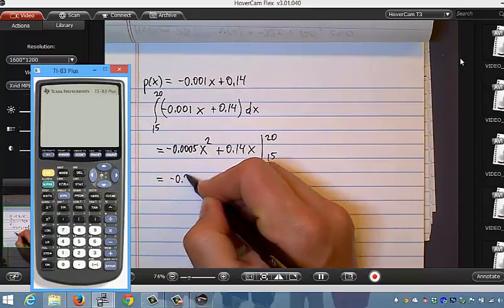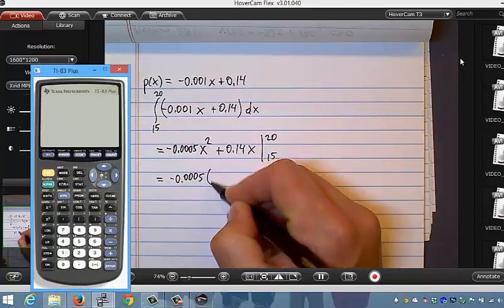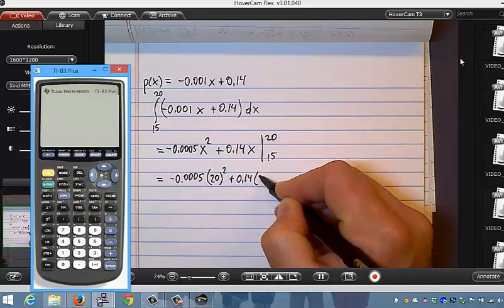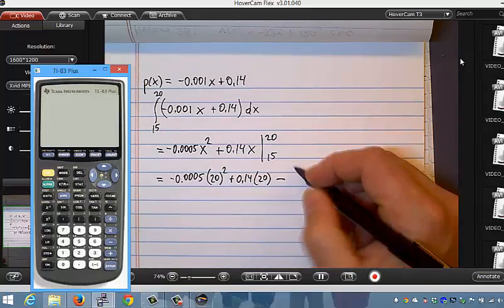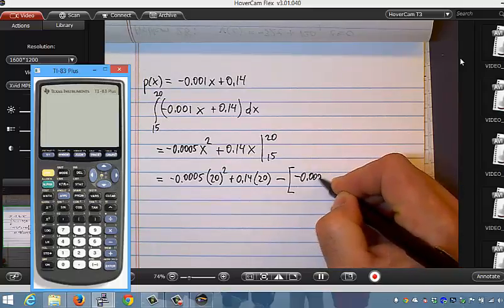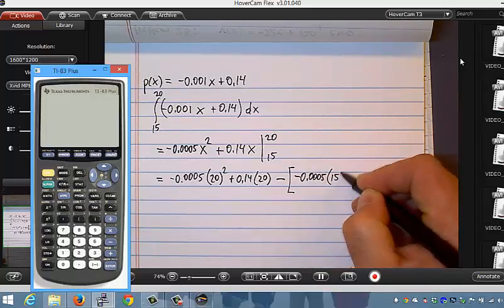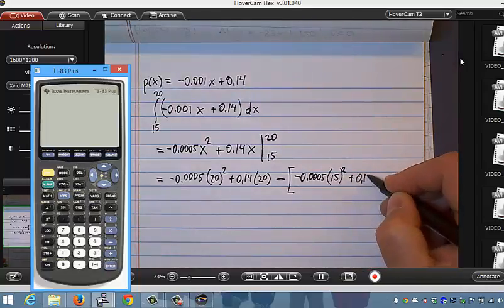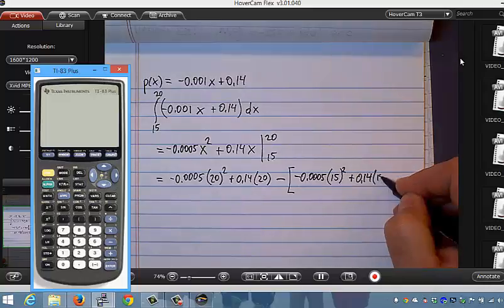Negative 0.0005 times 20 squared plus 0.14 times 20 minus negative 0.0005 times 15 squared plus 0.14 times 15.